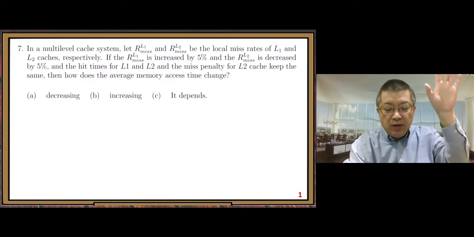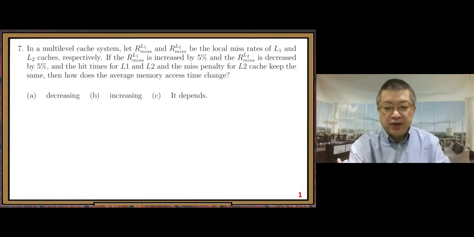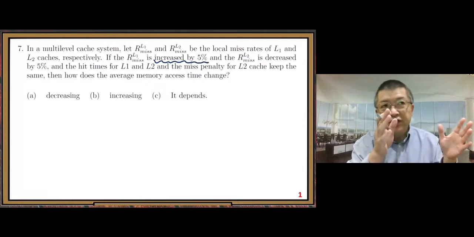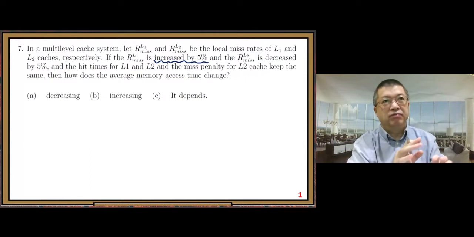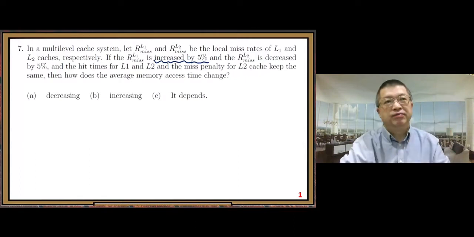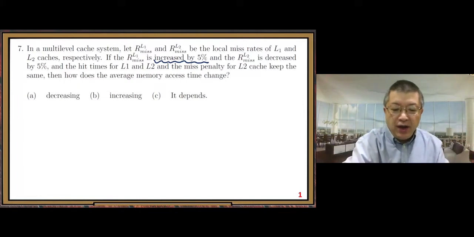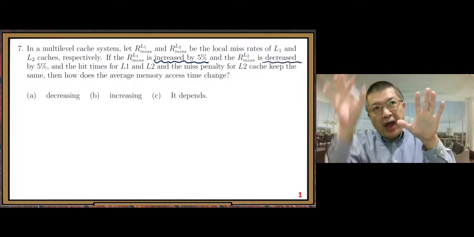R miss 1, R miss 2. Two miss rates. The L1 miss rate R1 increased by 5% first. But in that example, our R1 is decreased by 5% first. So the order is different. Here, R1 increased by 5% first, R2 decreased by 5% next.